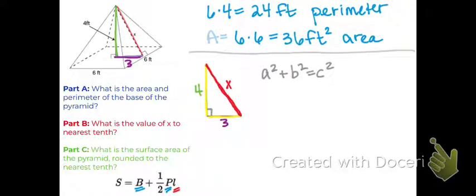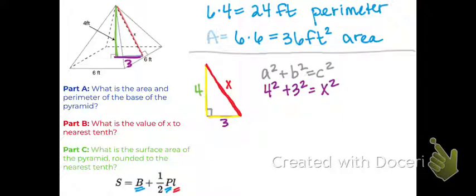It's called the hypotenuse, and it's always the longest side of our triangle. So it doesn't matter which of those legs we put in for A and B. So I'm just going to say A is the 4 and B is the 3. And then C is our x. And then this is the equation we're going to solve.